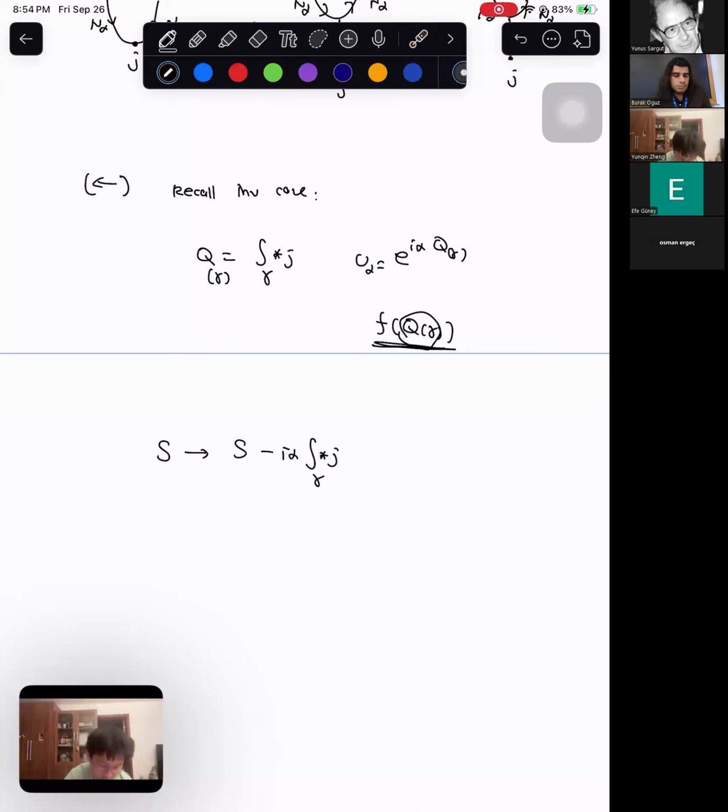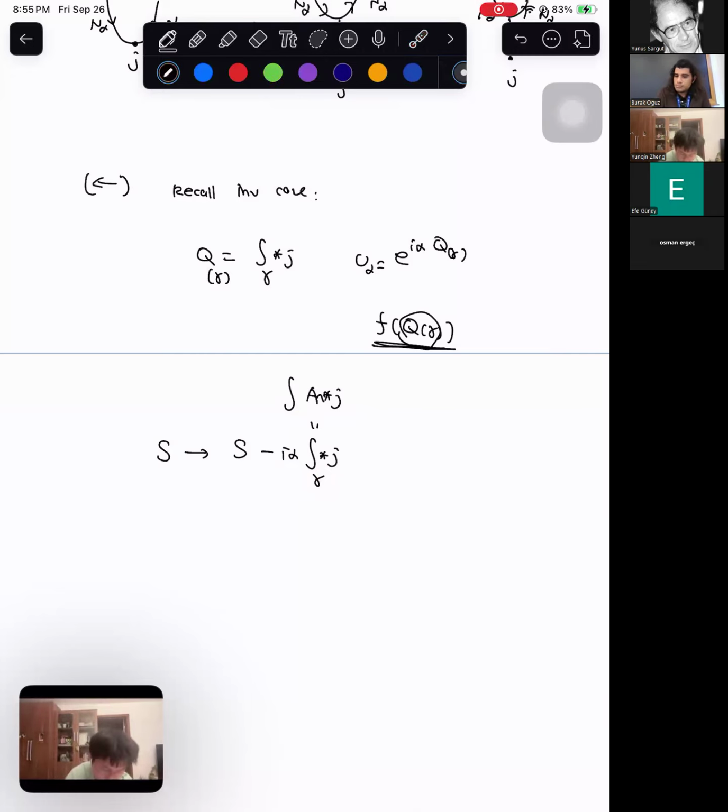Maybe it's more comfortable to write it in terms of the A star J, which we mentioned earlier in the talk. This construction automatically ensures that there is a well-defined defect Hilbert space, because orienting this gamma along space will give you the operator, and orienting the gamma along time will give you a well-defined defect.